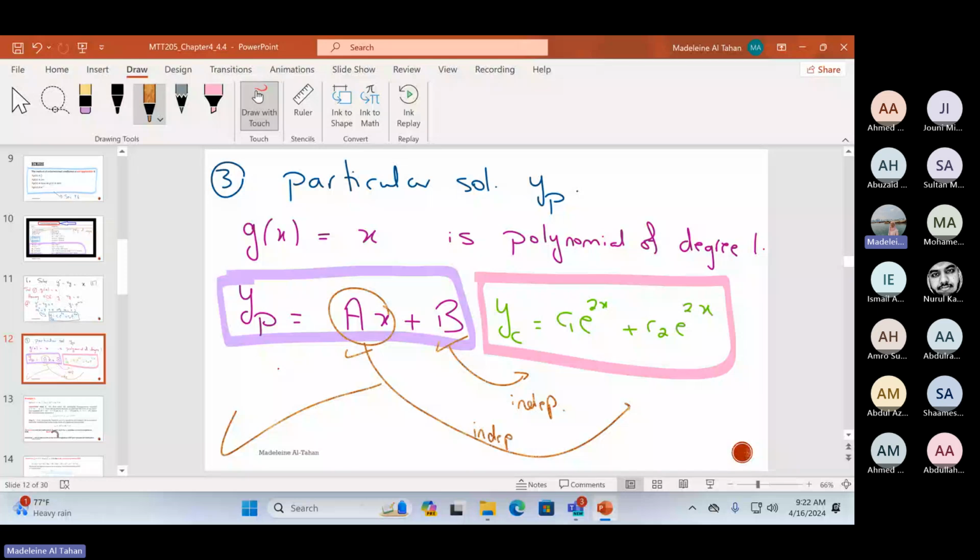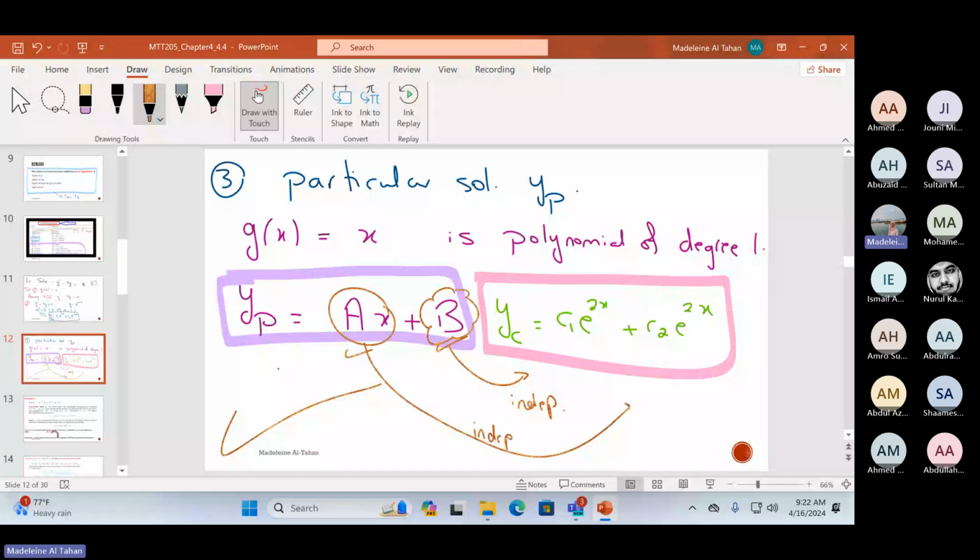Trial means that I want to check, can I accept it or reject it? Why should we accept here in our case? We have b here. Do we have a constant alone in Yc? No. Okay, so it's accepted.